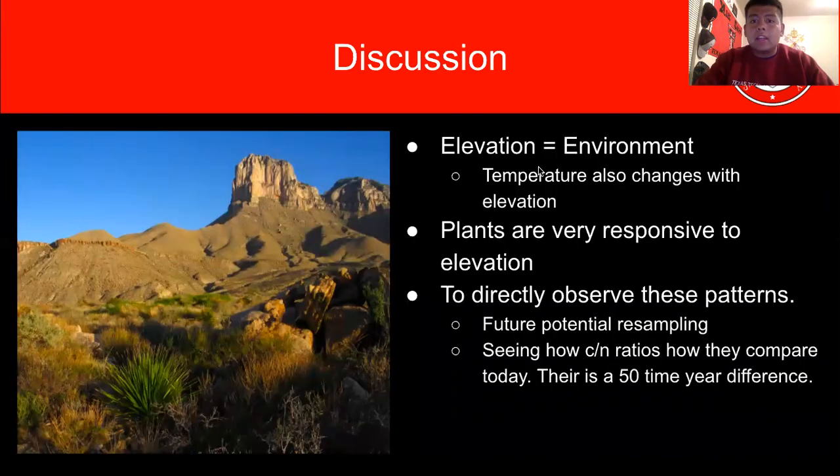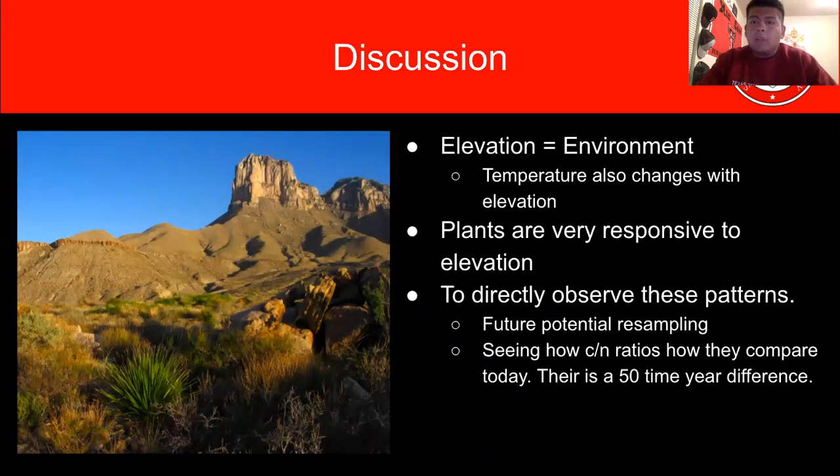And lastly, there are other factors that we could have tested along with elevation, because with increasing elevation, there are also differences in temperature, and plants are very responsive to elevation. It gets colder up the mountain, and a signature of climate change is species moving up mountains, and climate change is perhaps making them move up further.